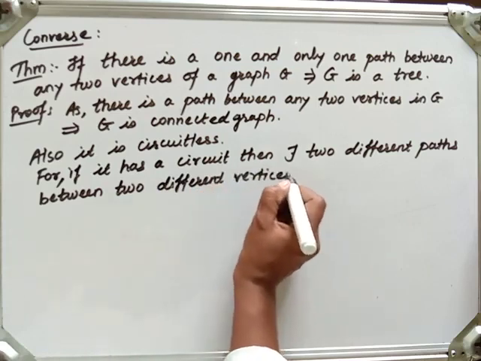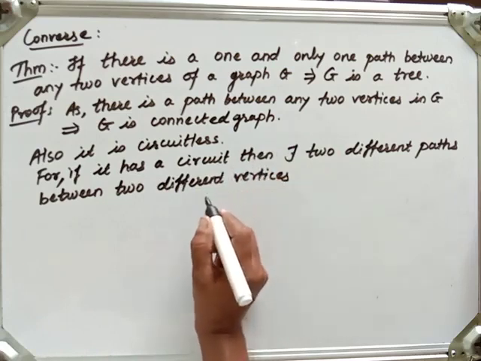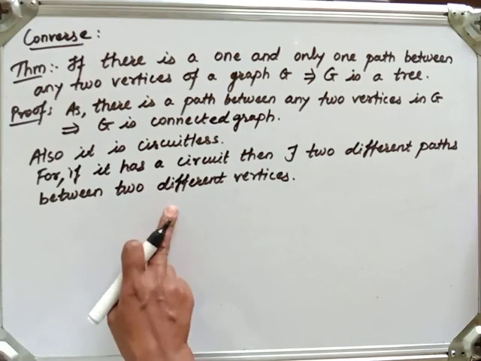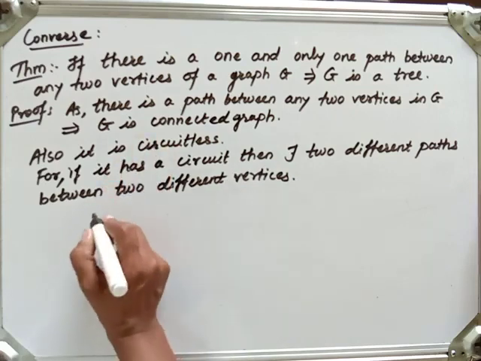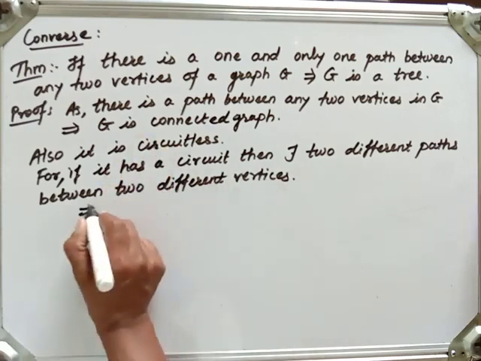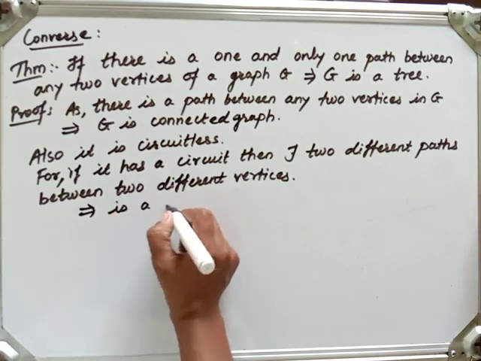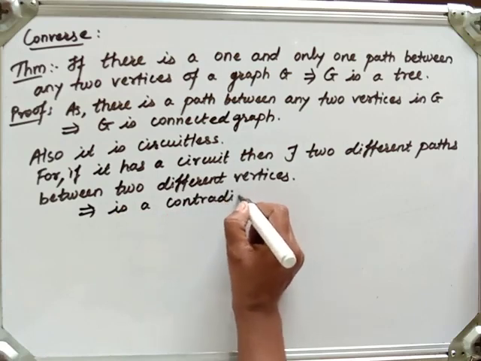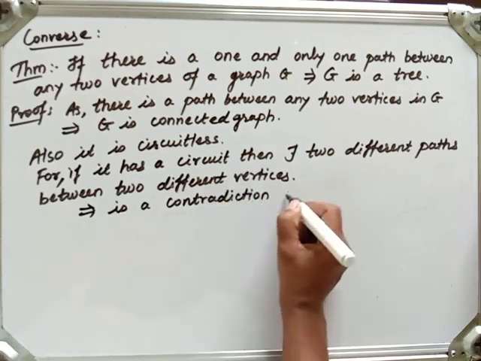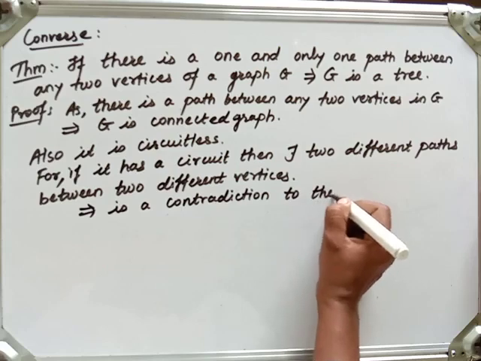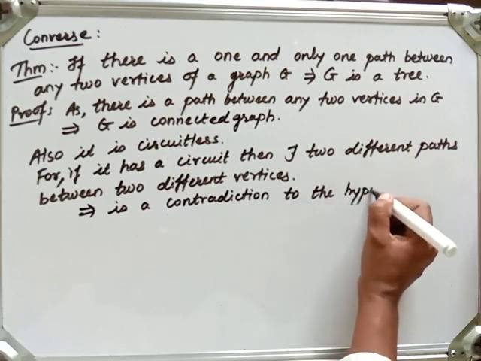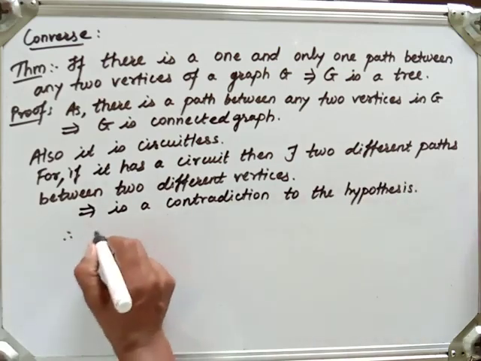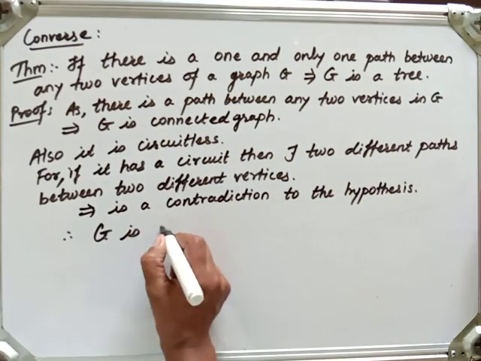But it is given to us there is one and only one path between any two different vertices. So this is not possible. That's why this is what a circuitless graph is. That is a contradiction to the hypothesis, or the given one, we can say. Therefore, G is a tree.